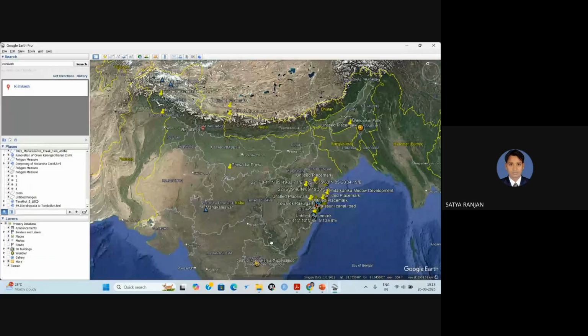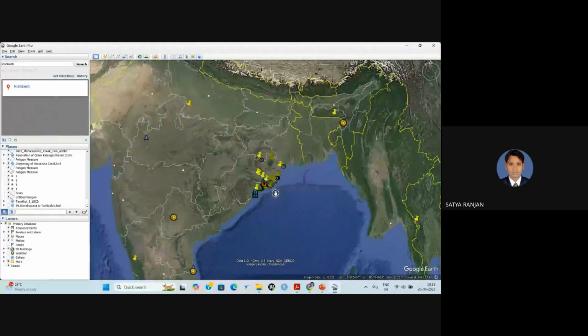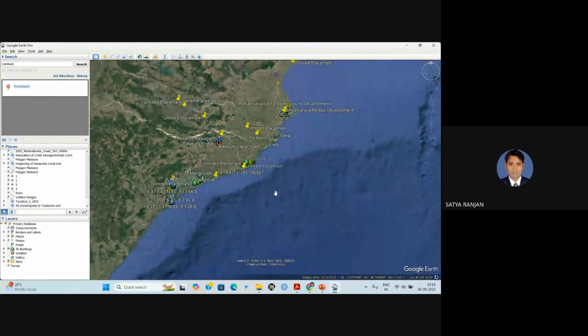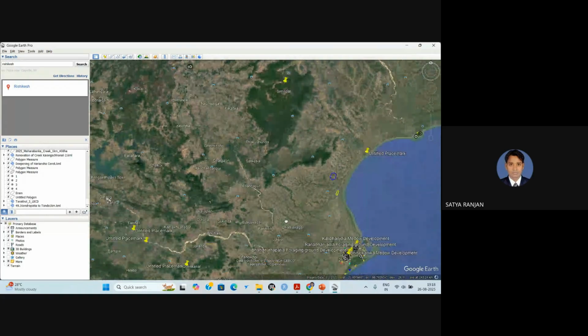We can also look at different rivers. Meandering of the river is generally found in the lower areas, near the river mouth, because in the upper areas there is no such deposition and erosion, so there is no meandering of the river.